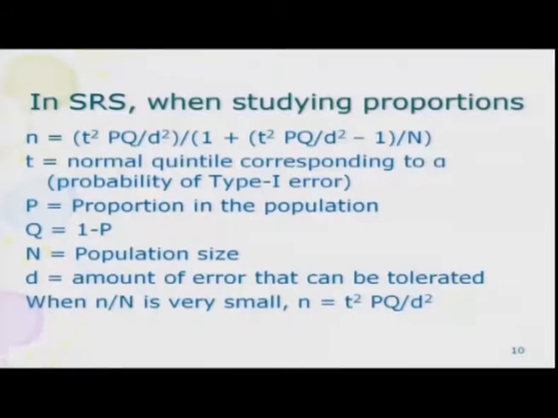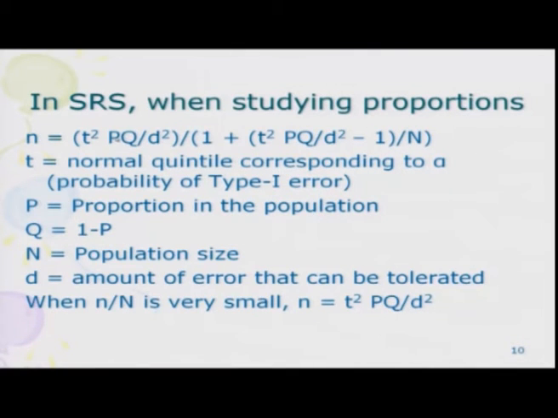In simple random sampling, when studying proportions, Cochran shows, it is mathematically derived, it is not arbitrary, it is not subjective, that the sample size n will be equal to T square P Q divided by D square, whole thing divided by 1 plus the same expression T square P Q by D square minus 1, divided by capital N.